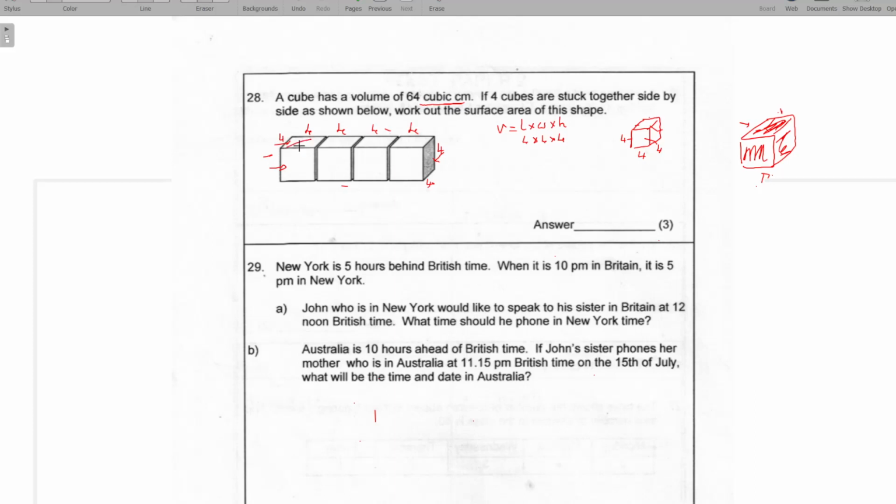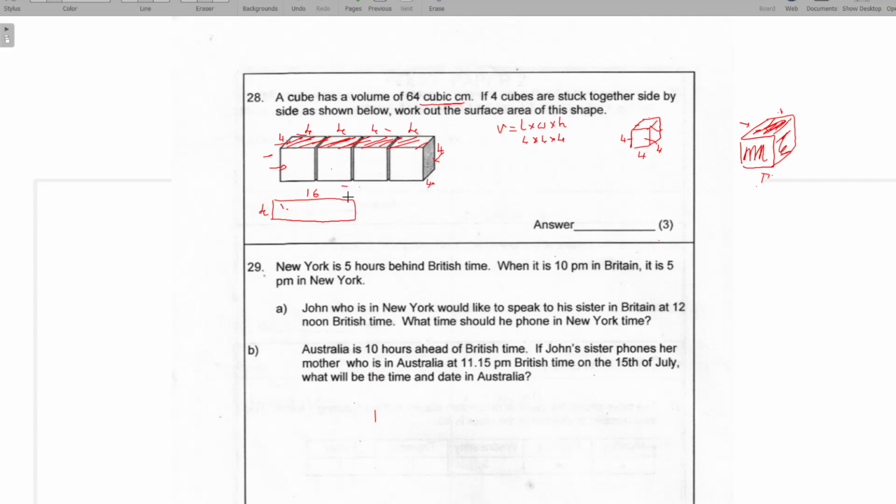The top, I'll just shade it, so this side, what's the surface area of that? This looks like this. 4 here, 16 here, because if we add all of the 4s here, that is 16. We have 4 of these sides in here, one at the top, one here, one bottom, one behind.